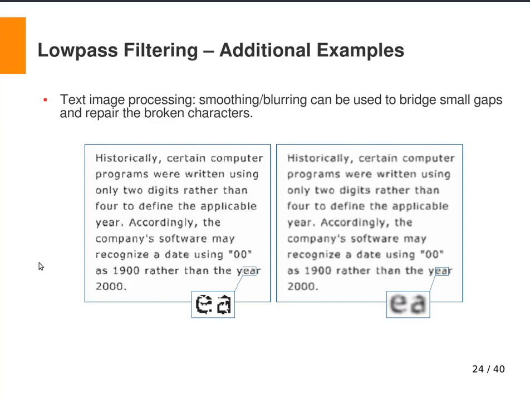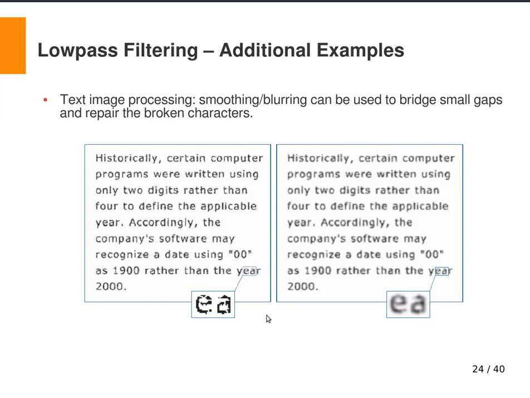Especially for processing images of a scanned document. By using smoothing or blurring filters, we can bridge small gaps and repair the broken characters in the scanned document. Here on the left we see an example in which, if we look closely, we have these gaps and broken characters.